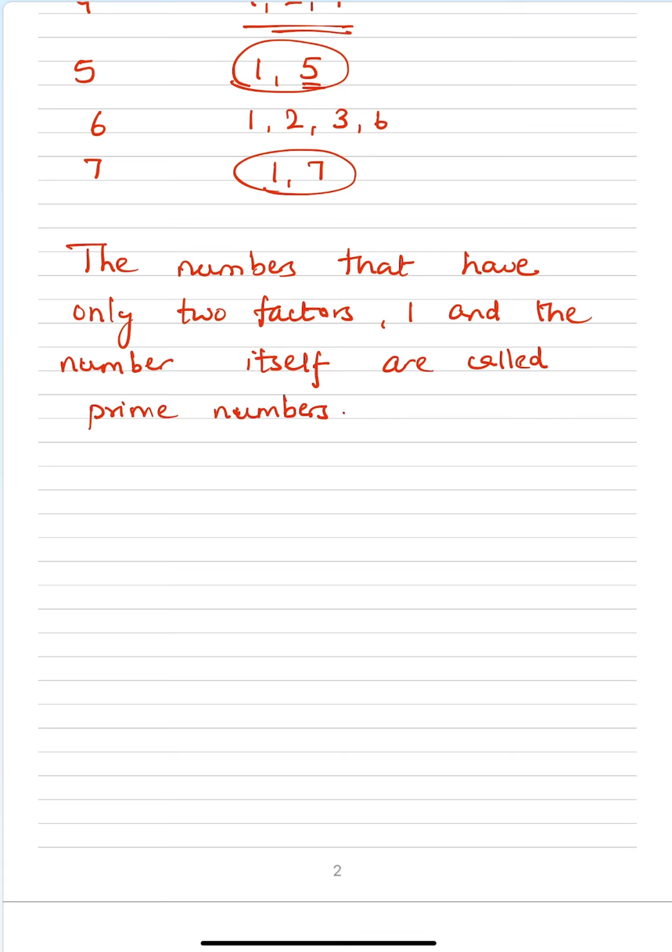Okay, so these are called prime numbers. So they have got only two factors. Which are those numbers? 2, 3, 5, 7, 11, 13. All these are prime numbers. They have got only one and the number itself as their factors.